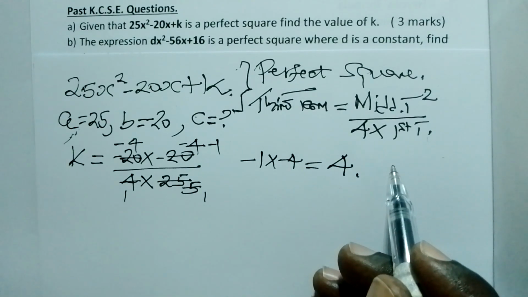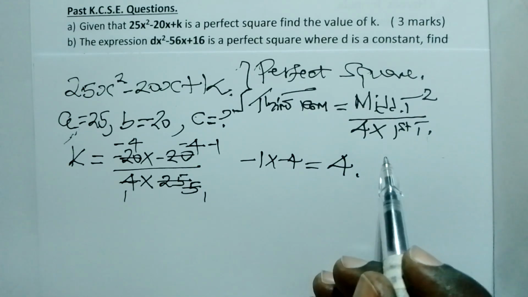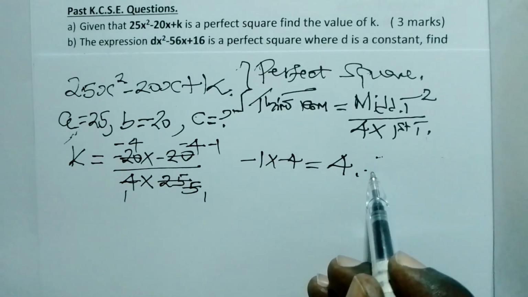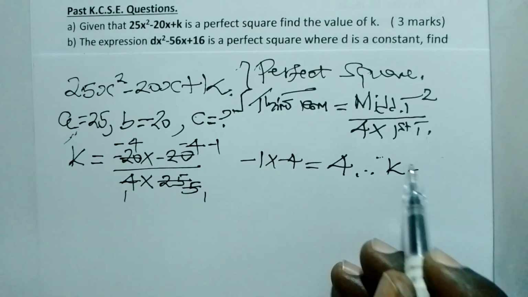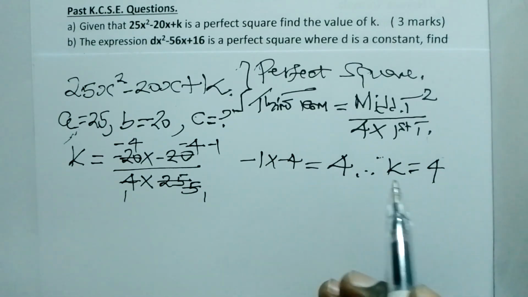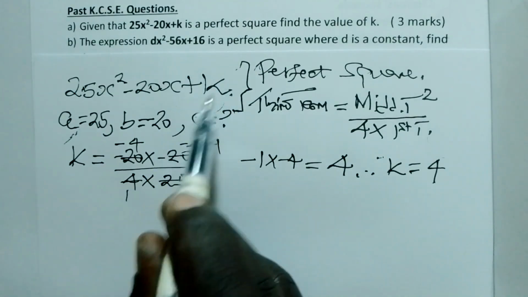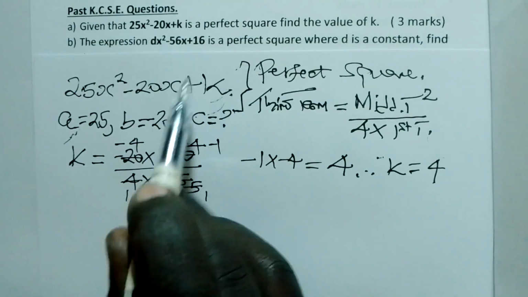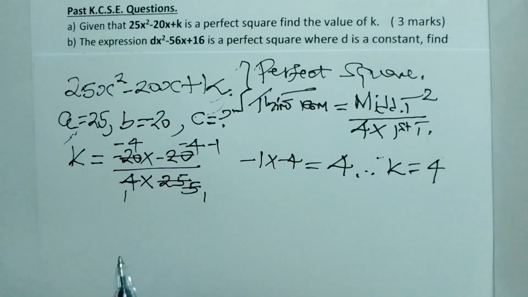Therefore, we can now conclude that the value of k is equal to 4. So when k is added in this particular quadratic expression, it will become a perfect square.